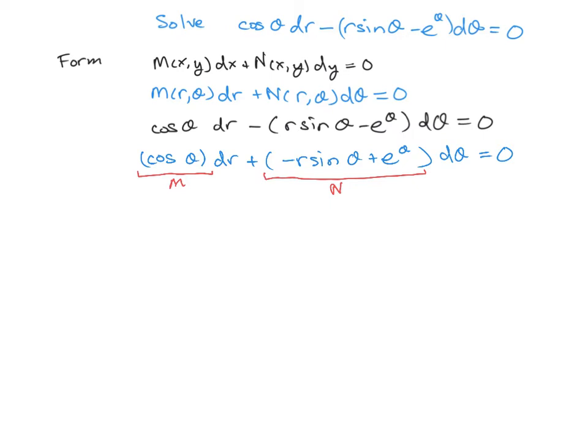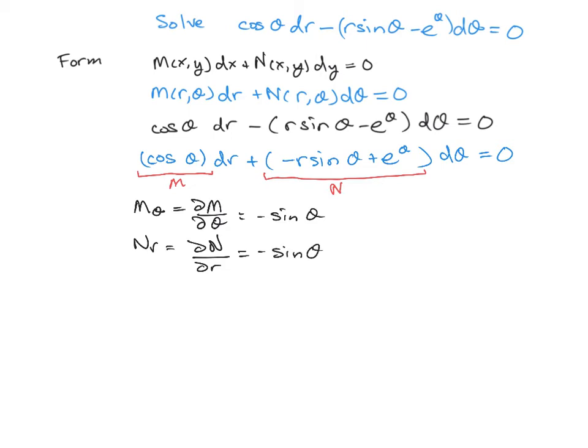So again, remember, the first one is taken with respect to the other variable. So this is M sub theta, or the partial of M with respect to theta, and that's equal to negative sine of theta. Then we need to take N sub r, which is the partial of N with respect to r, and that partial is going to be negative sine of theta as well.